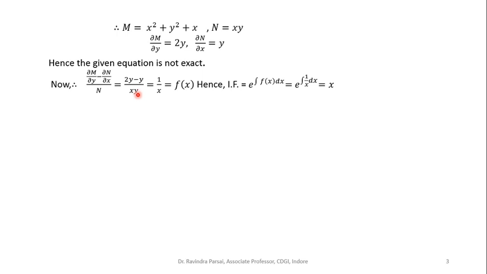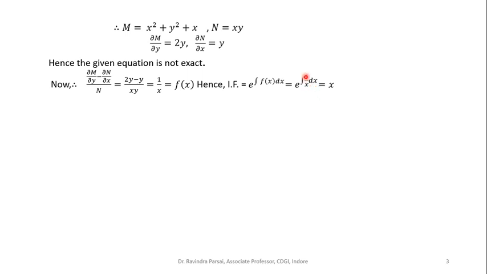Divided by N, which is xy. The numerator is y divided by xy, and y cancels, which gives 1 upon x, that is only a function of x. Therefore the integrating factor is e raised to the integral of f of x dx, where f of x is 1 by x.